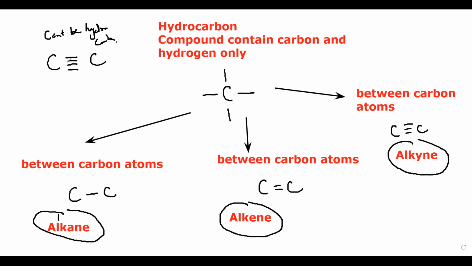But if there are four bonds, they cannot bond with hydrogen, so it cannot be a hydrocarbon. So the three classes of hydrocarbon are alkane, with a single bond between the carbon atoms, alkene, with a double bond, and alkyne, with a triple bond.